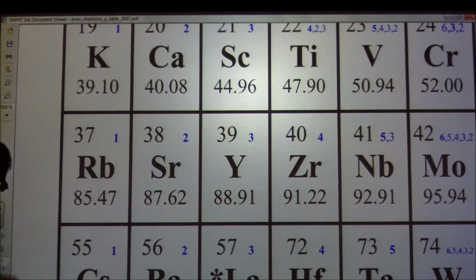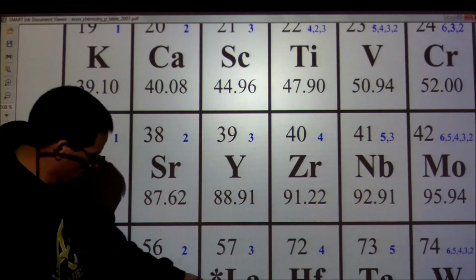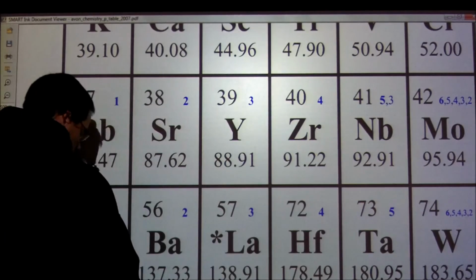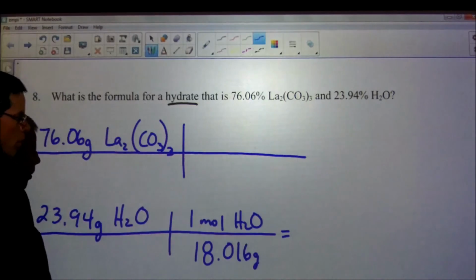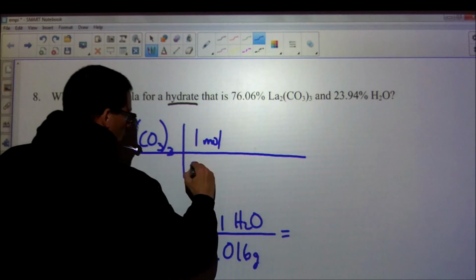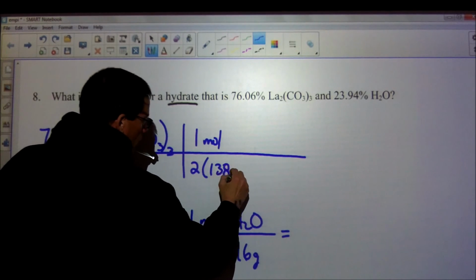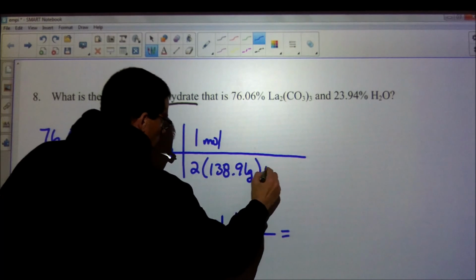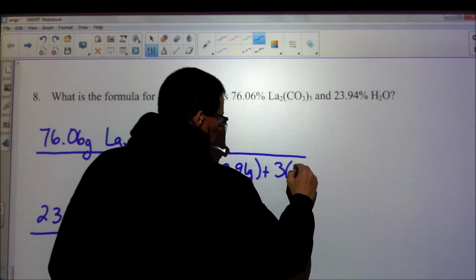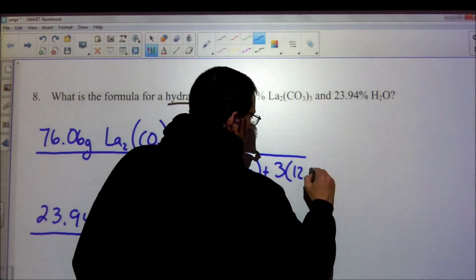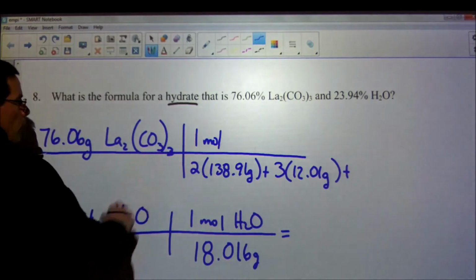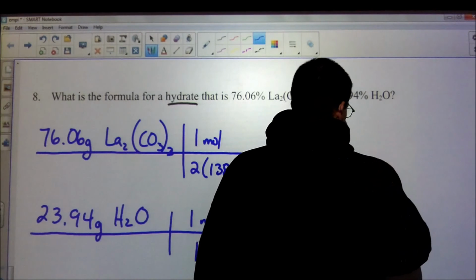So we had 2 La's, 2 lanthanums, and lanthanum's right there. So lanthanum 138.91. So let's get that 138.91. So 1 mole. So we have 2 of those. Plus we have 3 carbons, so 12.01, and we also have 3 times 3 or 9 oxygens.